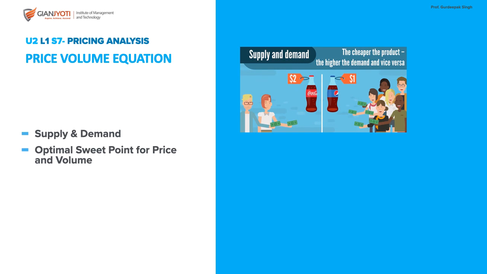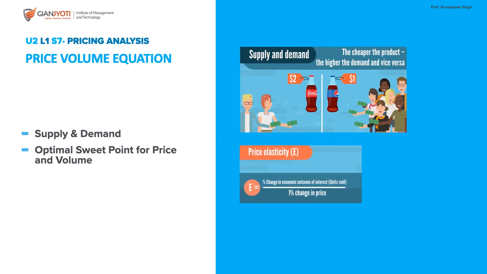We need to come up with an optimal level of price and volume so that our revenues are maximized. So when we talk about supply and demand, we discussed that the cheaper the product, the higher the demand, and vice versa, as we saw in the case of Pepsi.